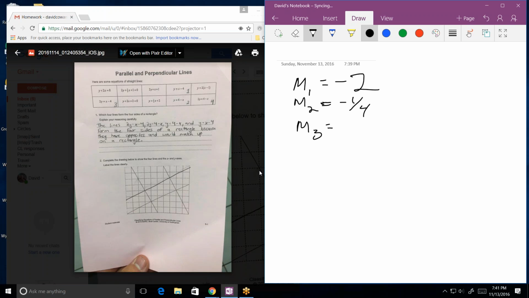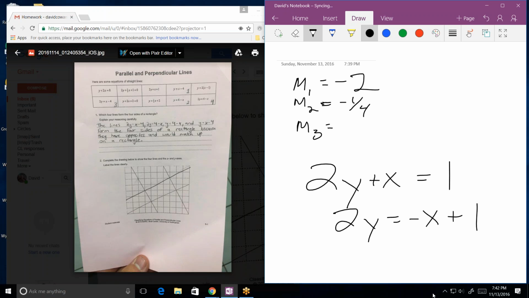So we got 2y plus x equals 1. I have to get this x on the other side, and I want to put it in front because that's the beginning of mx plus b format, which means y is equal to -1/2 x plus 1/2.